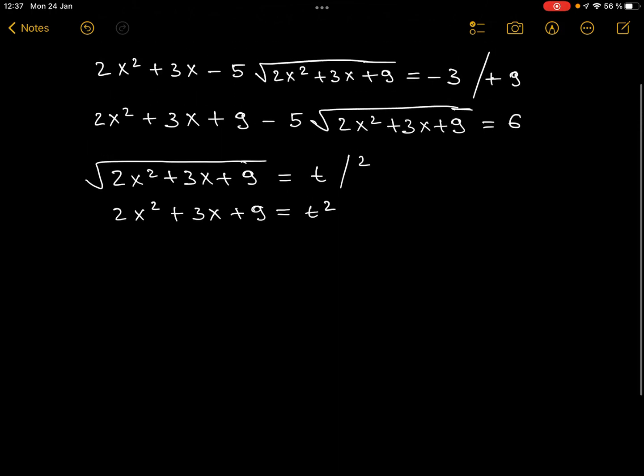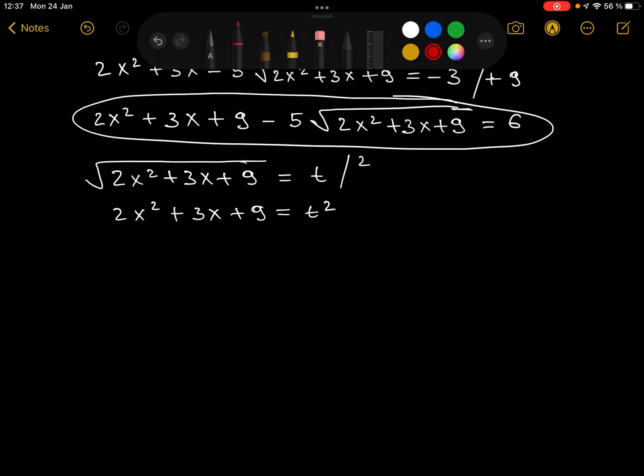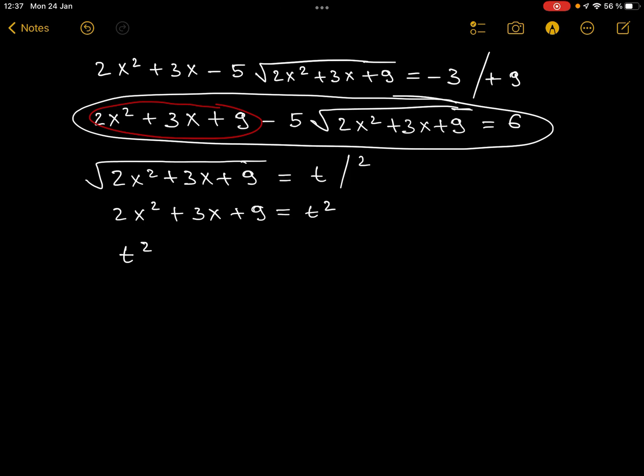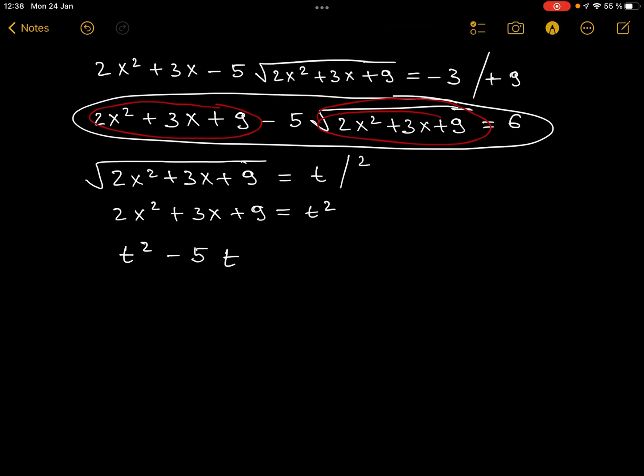Now, with that in mind, let's plug in these values into this equation right here. So instead of the first part, which is this one here, I'm going to put in t squared minus 5 times, since this here is just t, I'll just write it down as such, minus 5 times t is equal to 6.